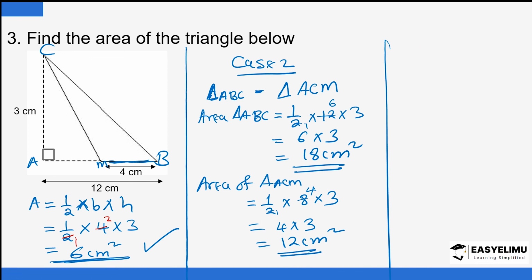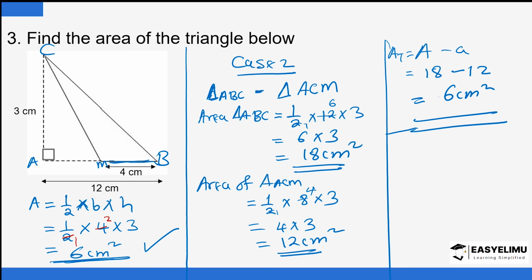So to give me the total area that I'm trying to find, I'll get 18 minus 12, and that is still 6 square centimeters. So you can see either way, I'm still getting the same value. It's just a matter of taking this as the base, and the height you now have to extend.